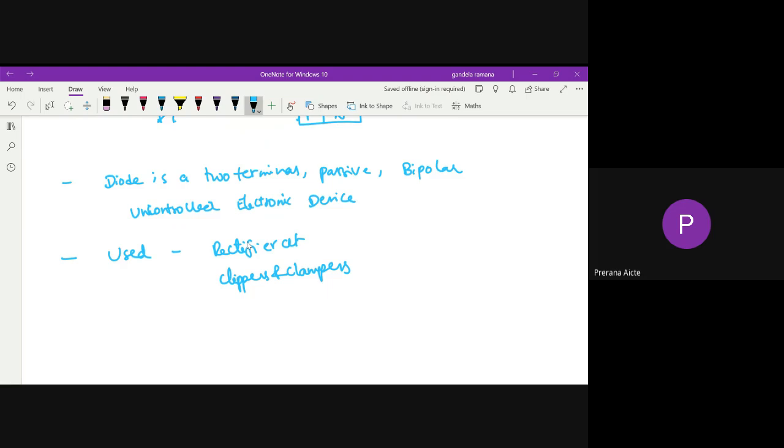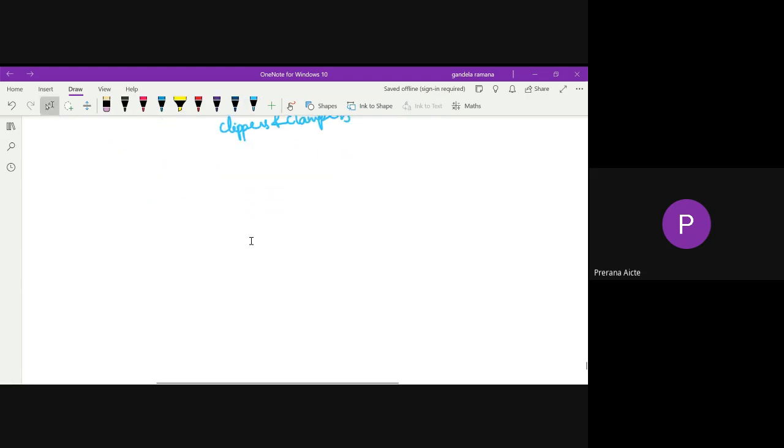Suppose the PN junction diode is in unbiased condition. What happens in unbiased condition? Unbiased means you don't give any supply to it.